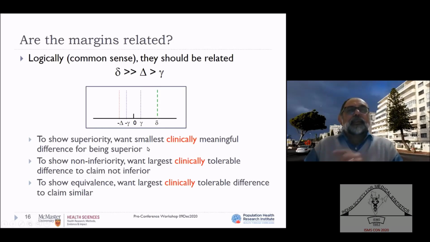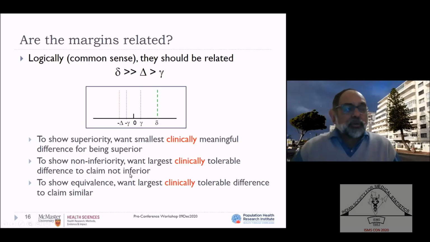Okay. Now, the important way of thinking about these margins is that for showing superiority, this little delta is the smallest clinically meaningful difference for being superior. For non-inferiority, we want the largest clinically tolerable difference to claim not inferior.